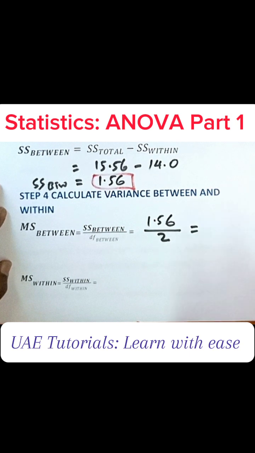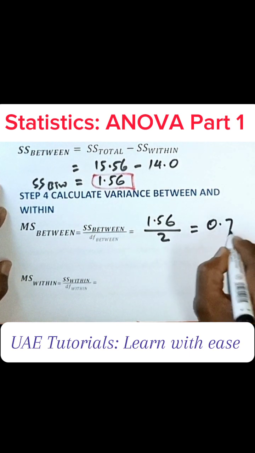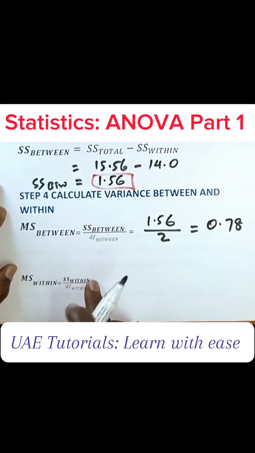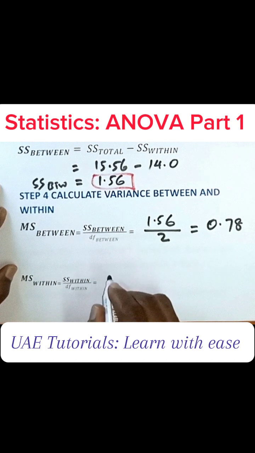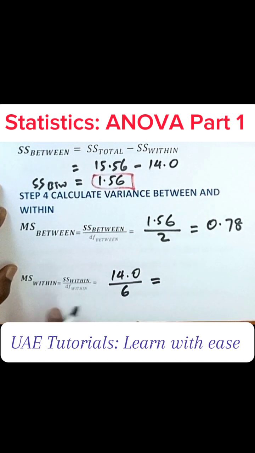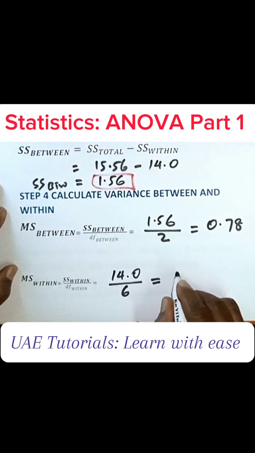So that gives us 0.78. And then our variance within is sum of squares within all over degree of freedom within. Our sum of squares within was 14.0 all over degree of freedom within. When we calculated it, it was 6. Remember? So that gives us 2.33.